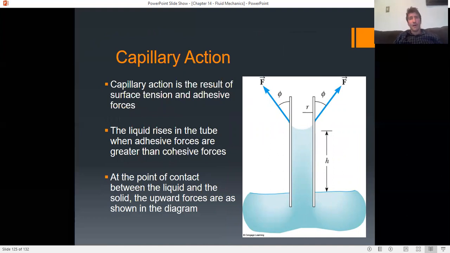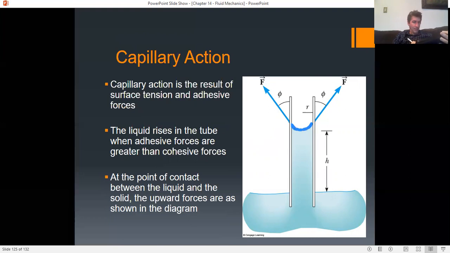Capillary action is also a result of the cohesive and adhesive forces, but it's actually the two working together. Here's how capillary action works. First of all, cohesion wants to keep this surface area as small as possible.